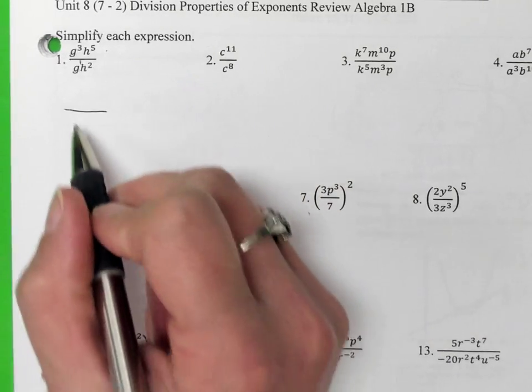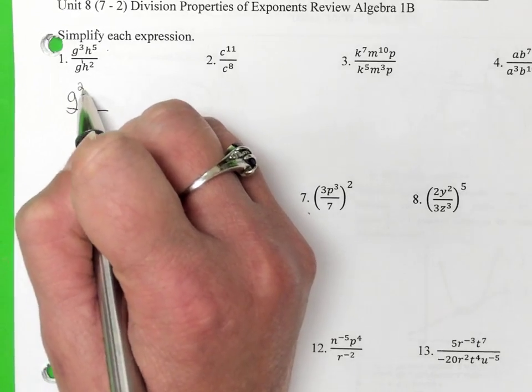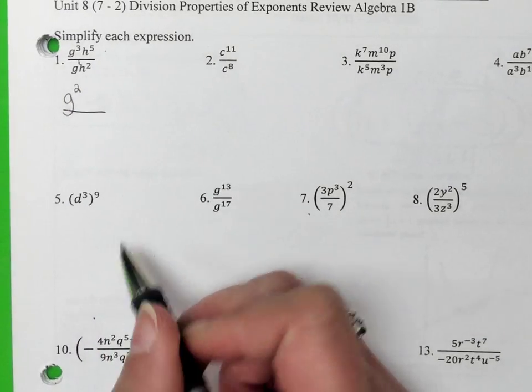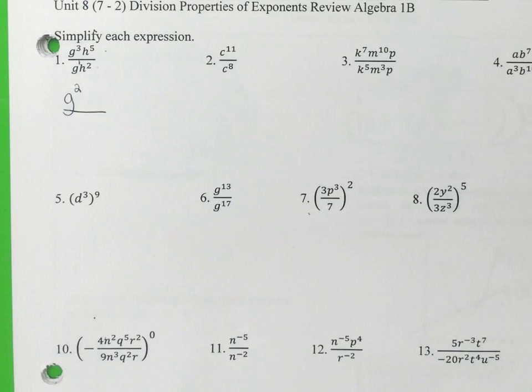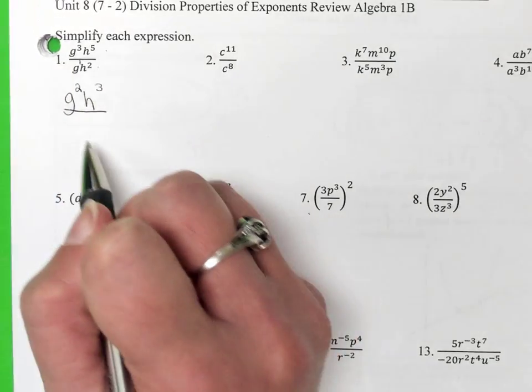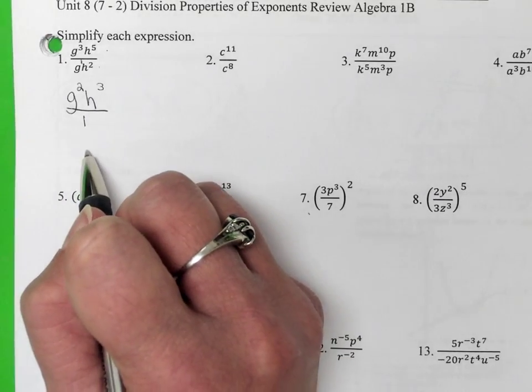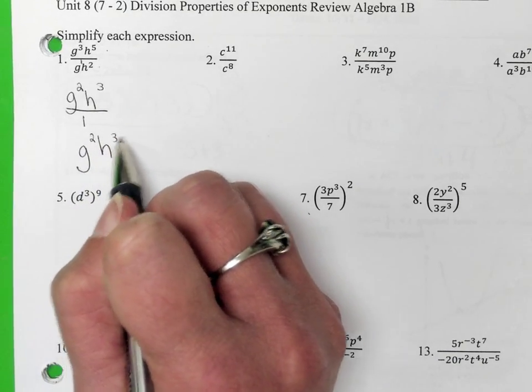How many G's? 2. Where's it go? Top or bottom? Top. All right, let's see. 5 minus 2 is? 3. Where's H to the 3 go? Top. What's on the bottom? A 1. But what's my simplified answer? G to the 2nd, H to the 3rd. Perfect.